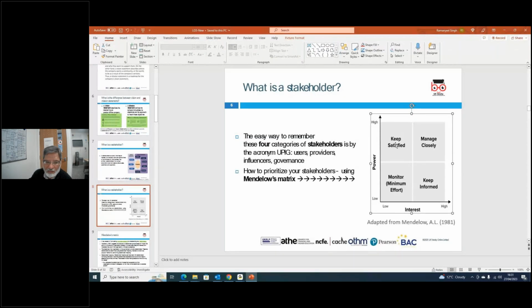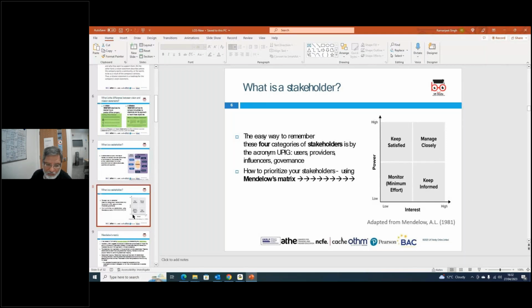Okay, the first box here, keep satisfied, people who have a lot of power but low interest. They are a different category. People who have high interest and low power will be a different category. People who have low power and low interest will be different, and people who have high power and high interest, they'll be different, and so on.